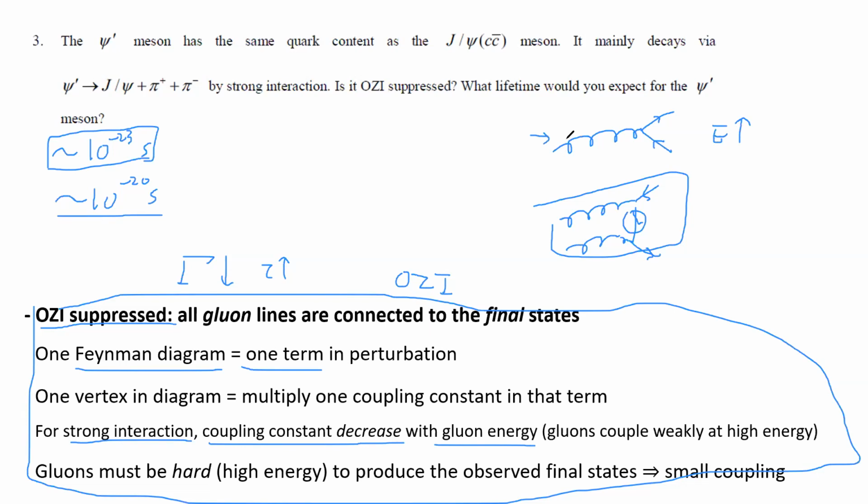Can I ask a few questions? Yeah. Well, the psi prime, the Feynman diagram of the psi pi transition, sorry, the decay. Yes. There were two gluon lines which you drew connected to the same charm particle. Yes. I'm thinking, what if I connect one of those gluon lines to the other charm particle? You said it is acceptable.